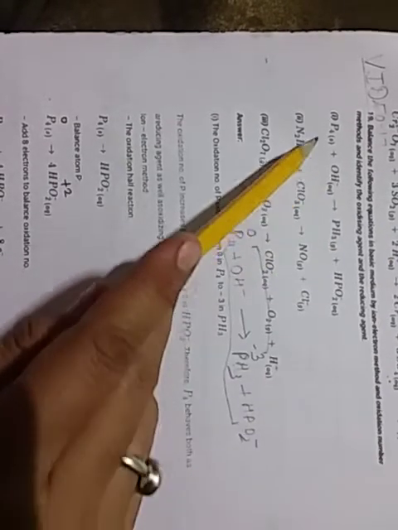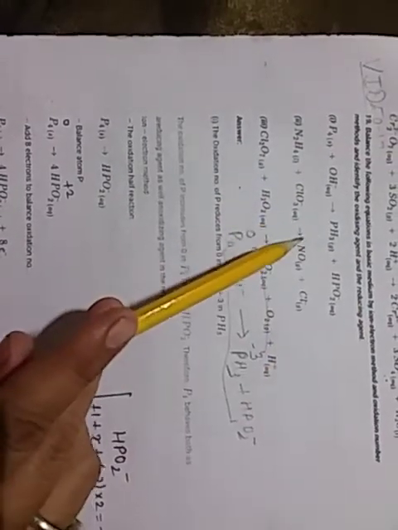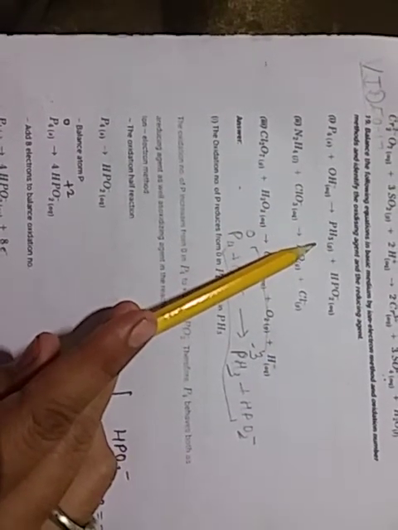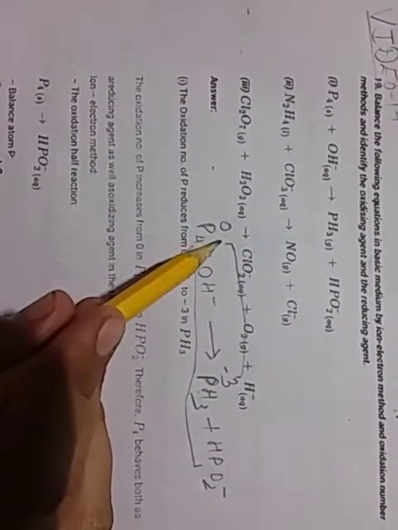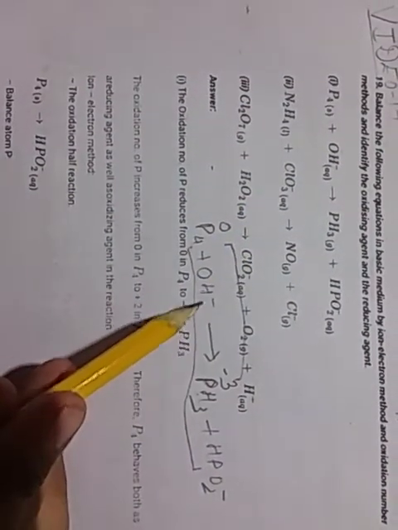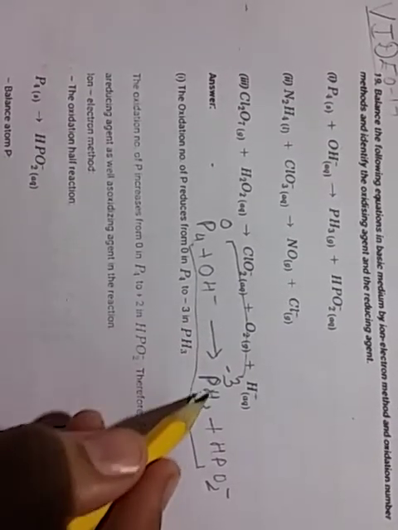First, we have the equation given. The question is P4 solid plus OH minus converts into PH3 plus HPO2 minus. Here you see P4 has zero oxidation state. It converts into PH3, where phosphorus has oxidation number -3.